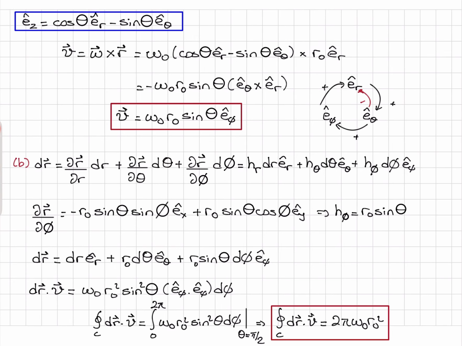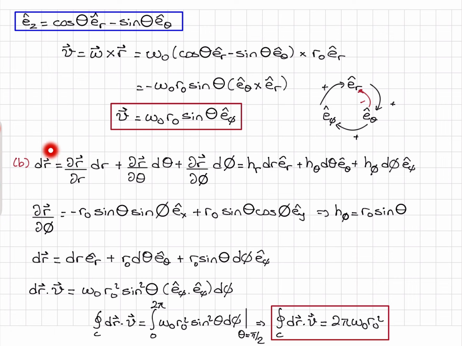So I note that omega is omega 0 times cosine theta er hat minus sine theta e theta hat, and r vector is r0 er hat. So doing this cross product, er hat cross er hat is 0, e theta hat cross er hat is minus e phi hat. So this is going in the negative direction. So I would get omega 0 r0 minus sine theta, but then from this cross product I get another minus. This becomes plus omega 0 r0 sine theta e phi hat.